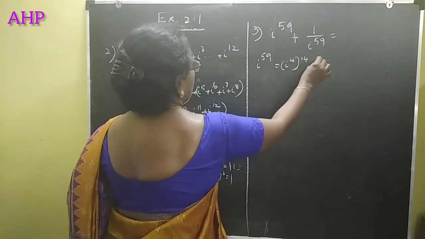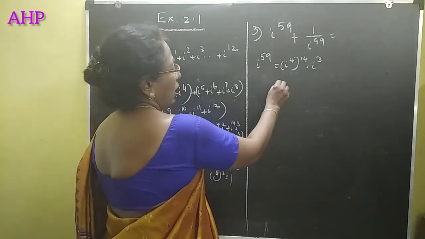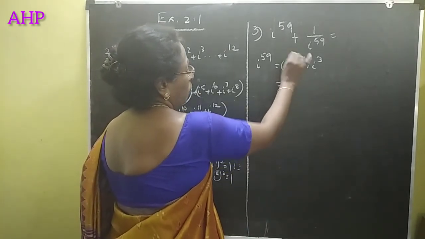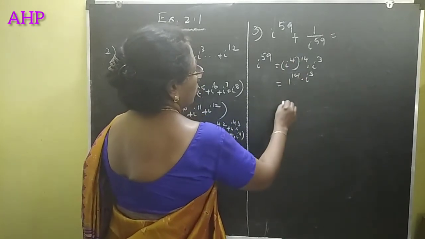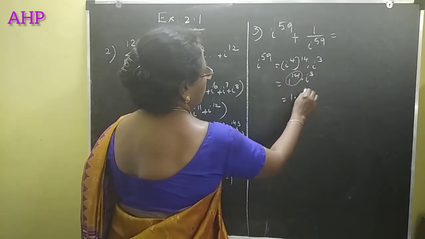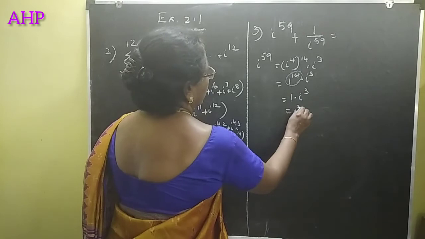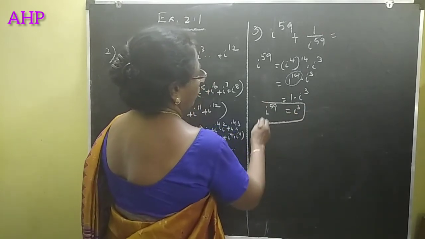So 56 plus 3, 59. Now we know that i power 4 is 1. So 1 power 14 into i power 3. 1 power 14 is 1. So 1 into i cube. This is equal to i cube. So i power 59 is equal to i cube.